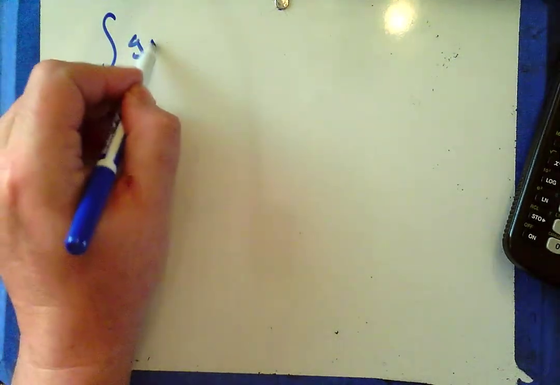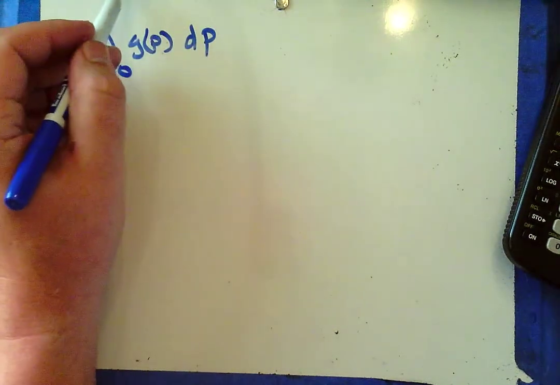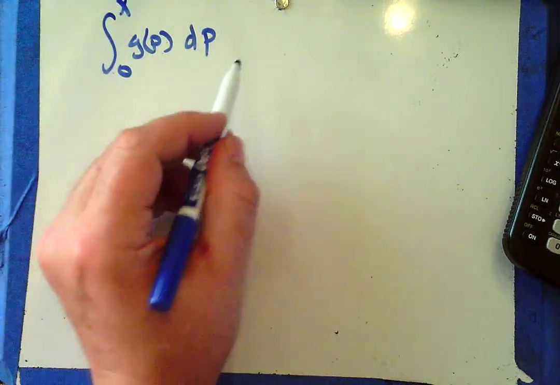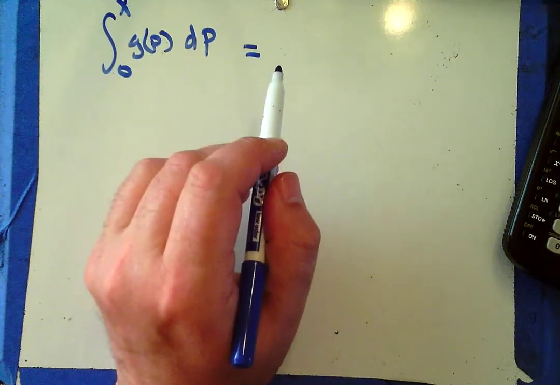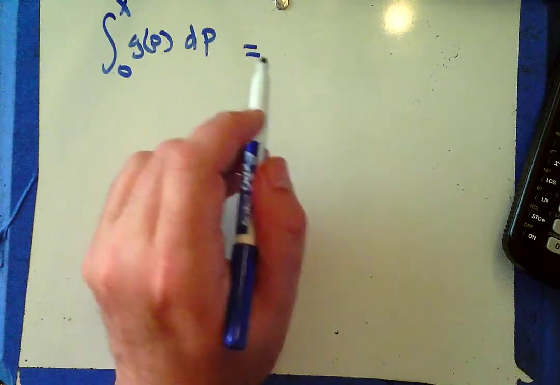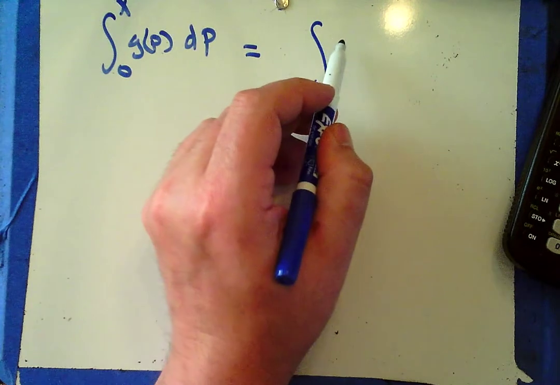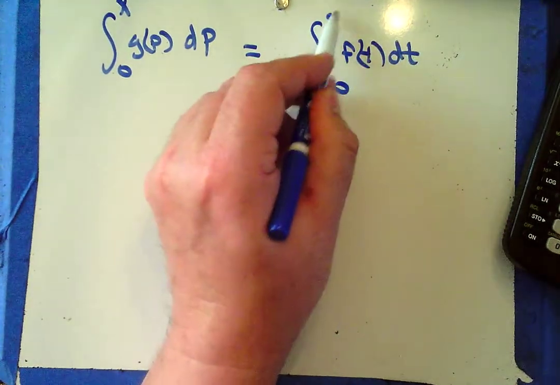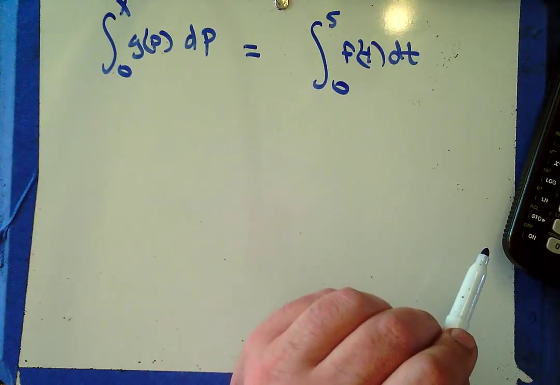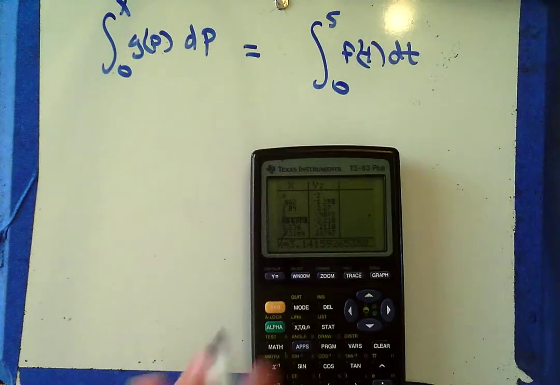Okay, well, so if I integrate this g of p function from 0 to x days, that's got to be equal to how much distance was lost. And the amount that we lost was f of t from 0 to 5. I think that's correct. Let's integrate f of t.